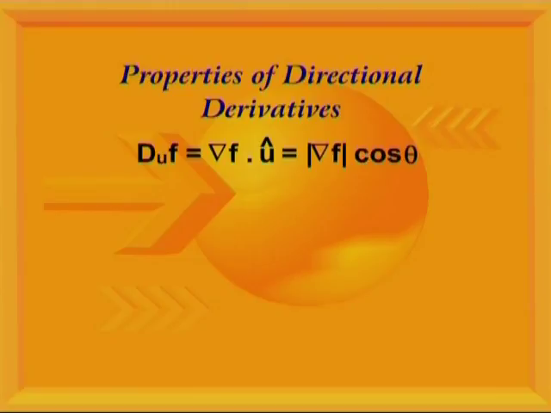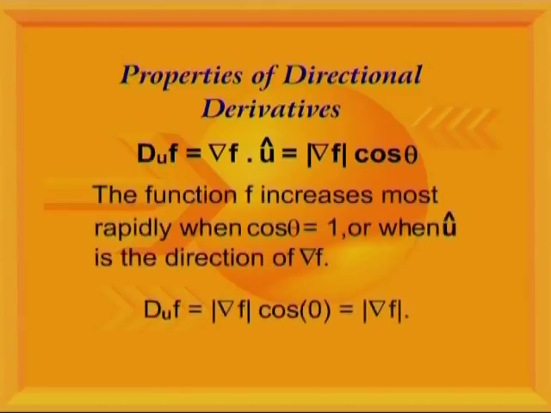When this quantity is maximum, we know that cosine theta varies from -1 to 1. So the maximum value of cosine theta is 1 and the minimum value of cosine theta is -1.